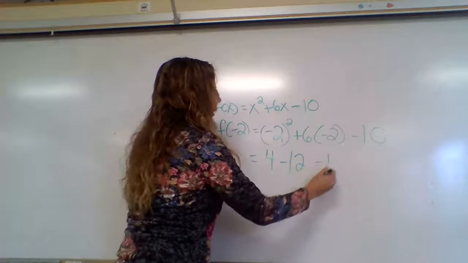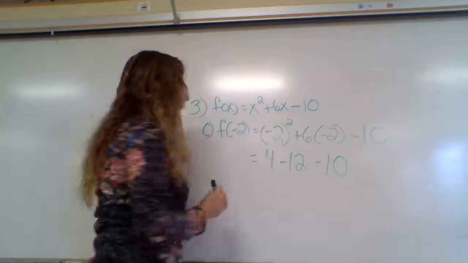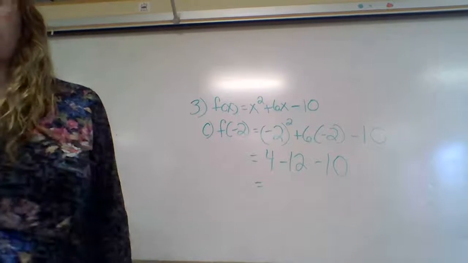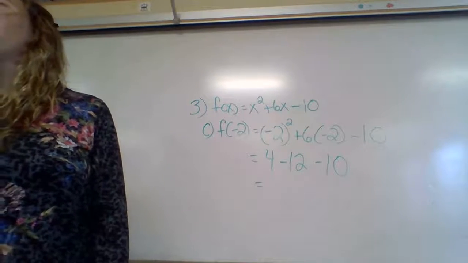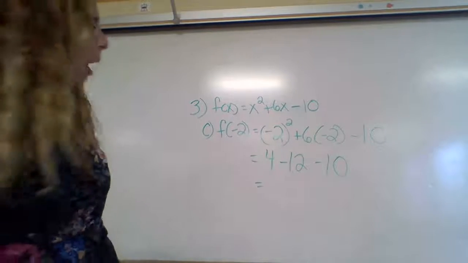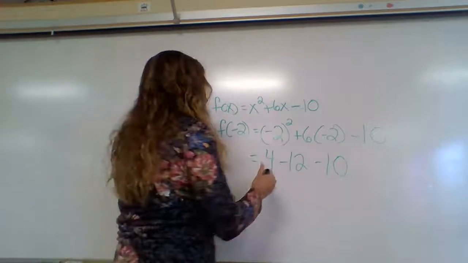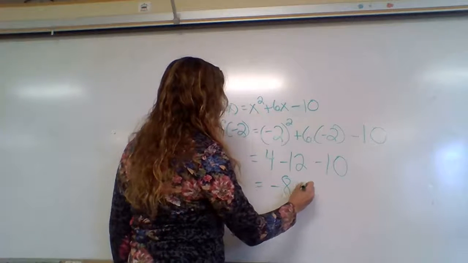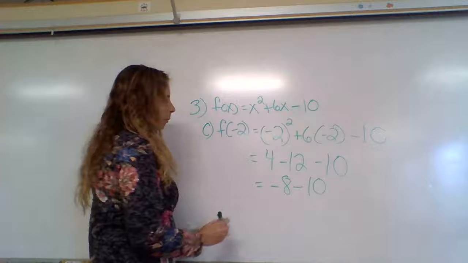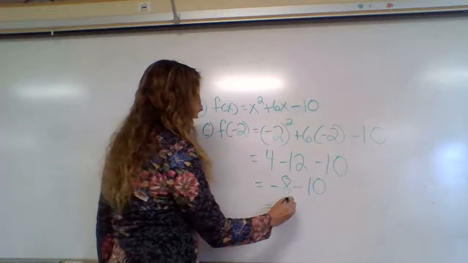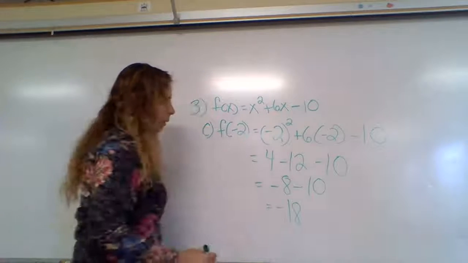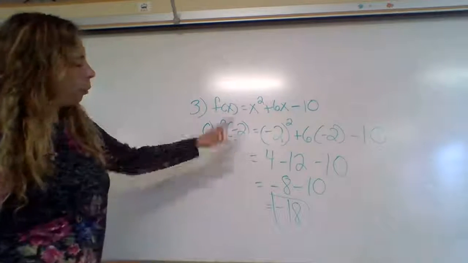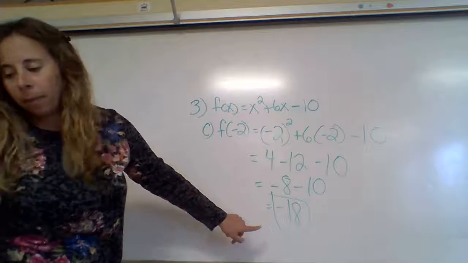And minus 10. Okay. Combine them all together. Woo. 4 minus 12 is negative 8. Minus 10. Negative 18. So when x equals negative 2, y equals negative 18.